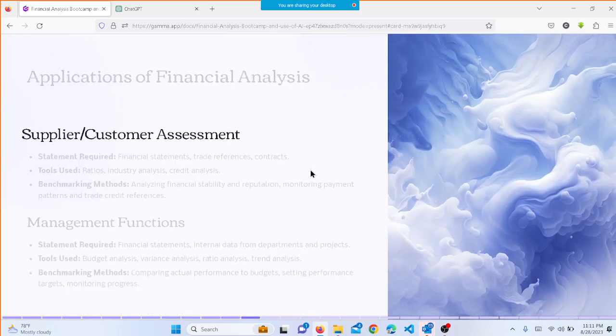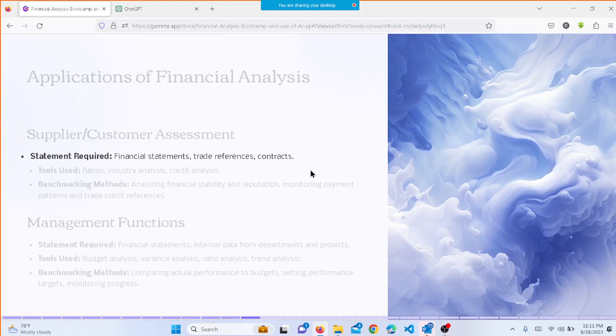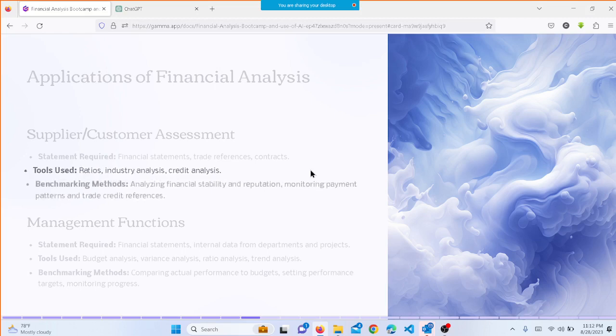The next category is supplier or credit assessment. Again, we mostly need the financial statements, but the non-financial documents we need for this purpose are trade references and contracts. The tools we use are ratios, credit analysis, and industry analysis, and the reputation analysis of the supplier as well.